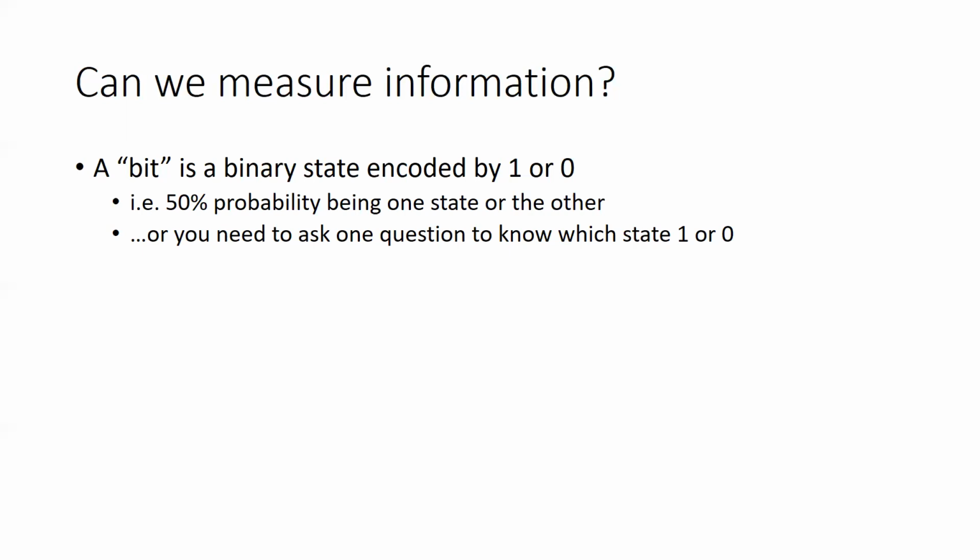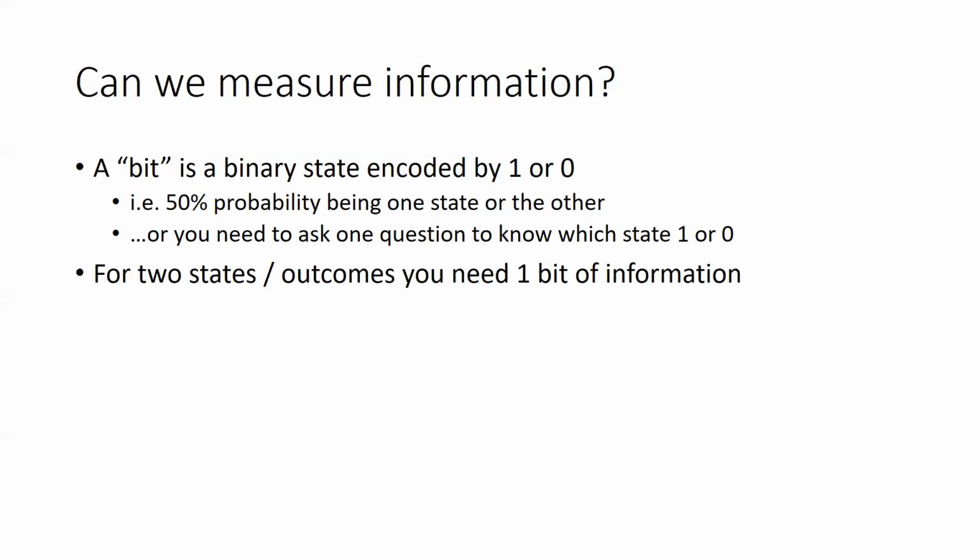Again, we're talking about how we can train algorithms to ask appropriate questions. Well, you only need one question to determine if a state is 1 or 0. So in general, for two-state systems, which is just 2 data points, you only need one bit of information.